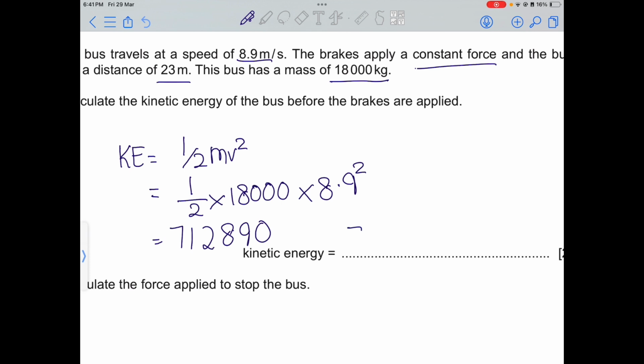In two significant figures, it should be 710,000 joules. You can also express it as 710 kilojoules. It's for your preference, so I would prefer this method.